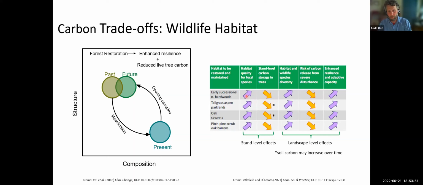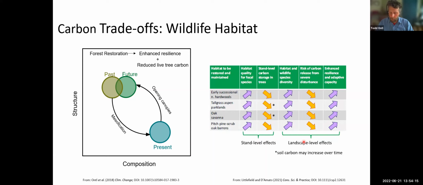And a lot of these systems have threatened and endangered species or species of special concern. And so at that stand level, we see this trade-off. And they do note that, in some systems, when you get the herbaceous layer developing by opening up the canopy, you can get some soil carbon benefits over time.